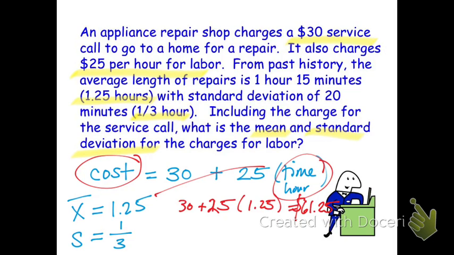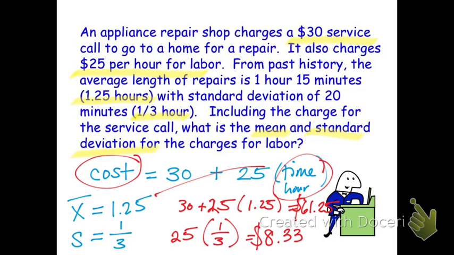So I'm only going to plug it into the 25 times 1/3, because adding and subtracting a constant does not matter. Adding the 30 doesn't change my standard deviation.